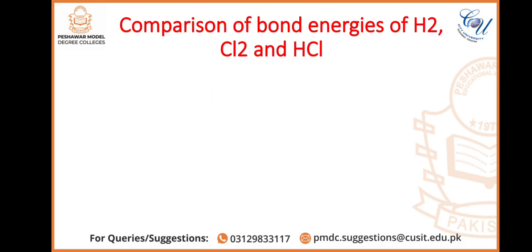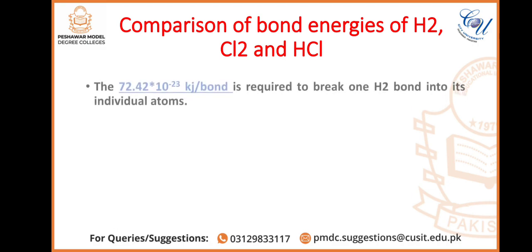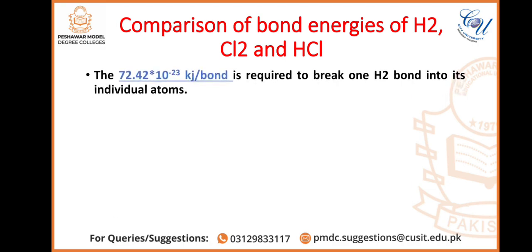As we have discussed, bond energies depend on certain factors. To understand that, we compare the bond energies of some molecules, for example hydrogen, chlorine and HCl. Energy required to break one hydrogen-hydrogen bond is 72.42 × 10^-23 kilojoule.